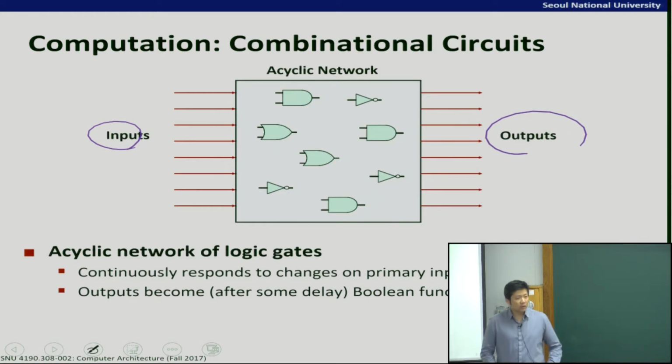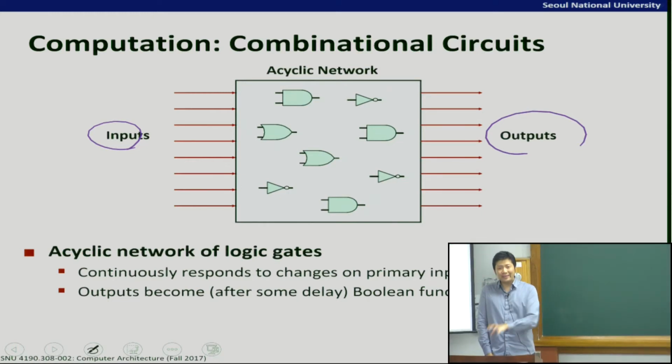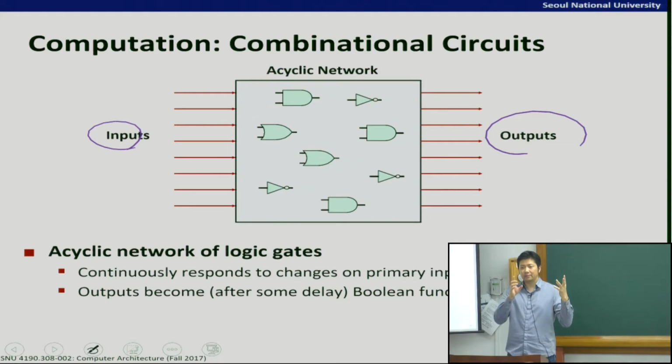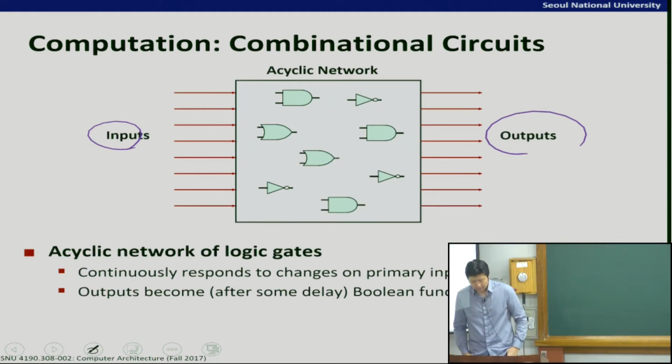The beauty of Boolean algebra is that digital logic in general can be represented as a simple Boolean function. There's a one-to-one correspondence between this mathematical model, the Boolean function, and the physical network of gates.